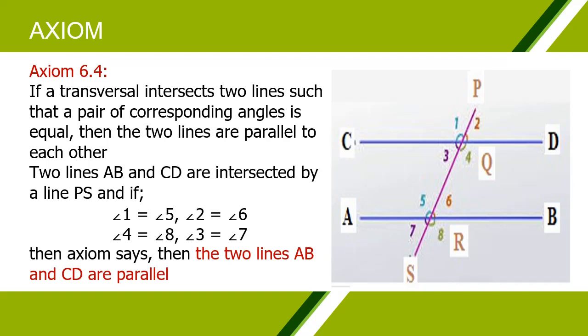Two lines AB and CD are intersected by a line PS, and if angle 1 equals angle 5, angle 2 equals angle 6, angle 4 equals angle 8, and angle 3 equals angle 7, then the axiom says that the two lines AB and CD are parallel.